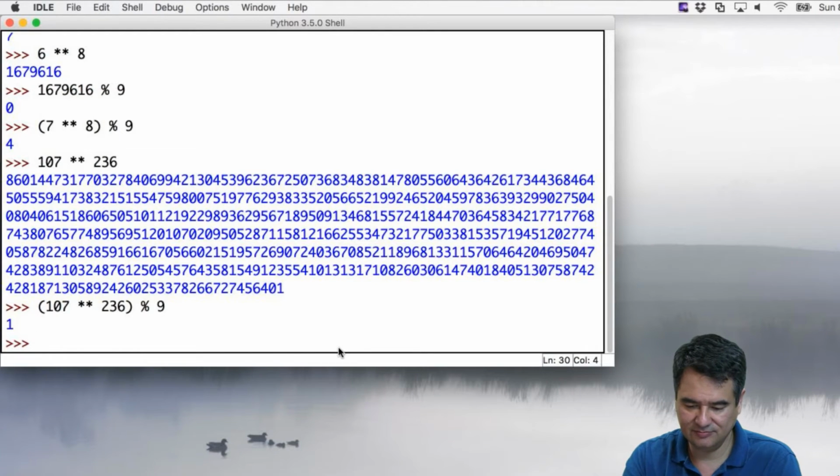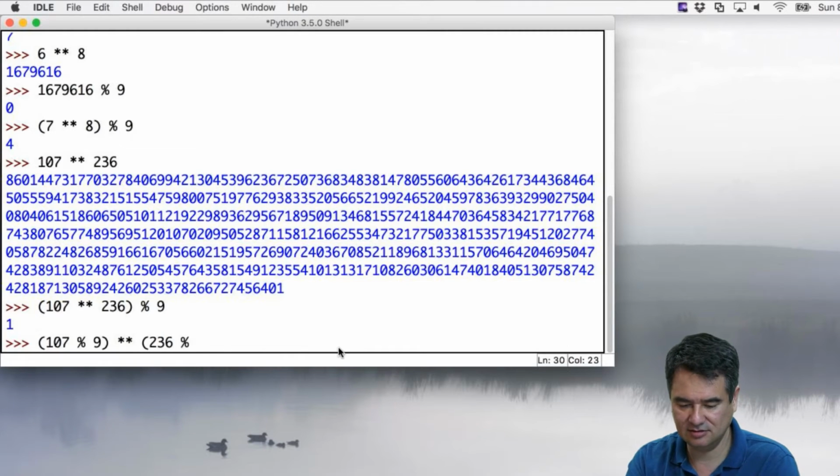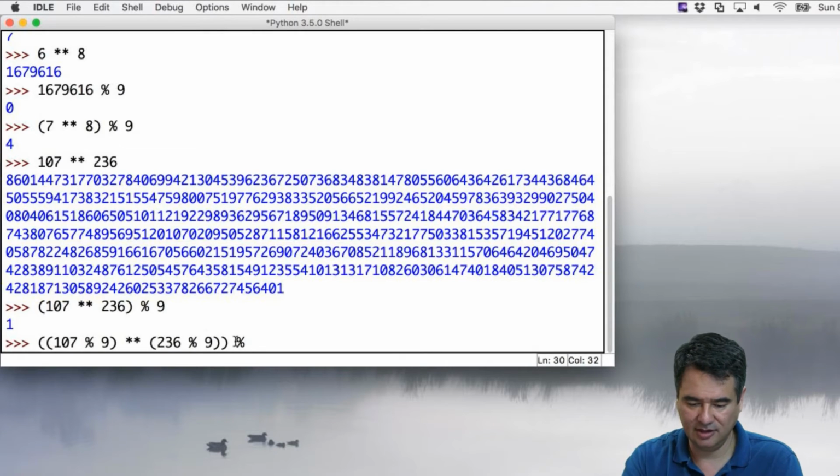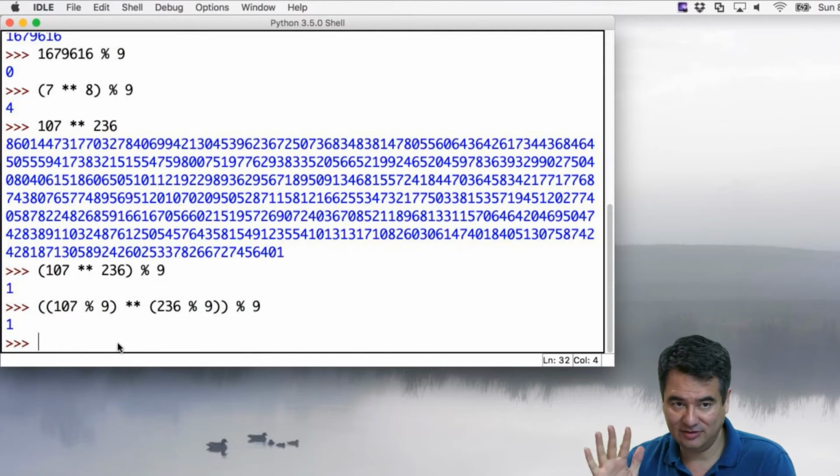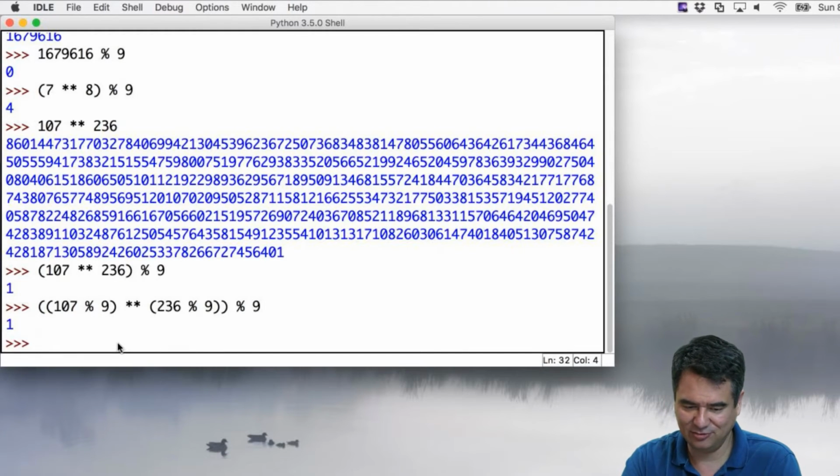Let's go 107 modulo 9 and raise that to 236 mod 9 and then do mod 9 on the whole thing. Oh, we get 1. Not supposed to get 1. Well, actually, there's a 1 in 9 chance you'll get 1. This is what happens when you make up these numbers off the top of your head live. This sort of thing happens.